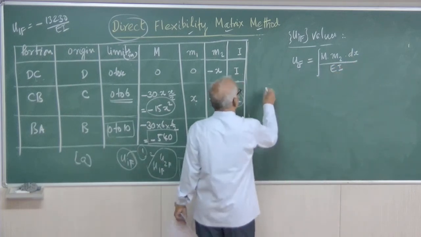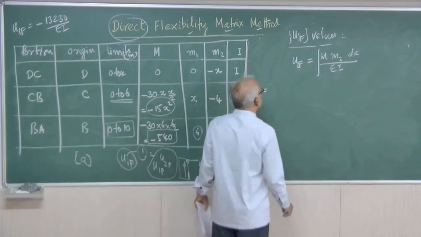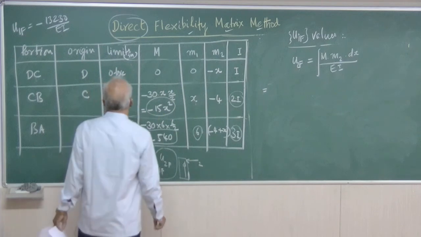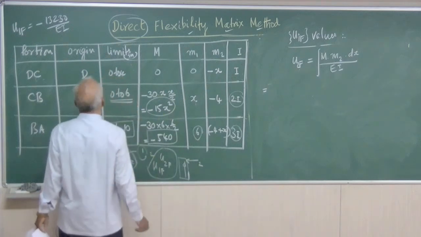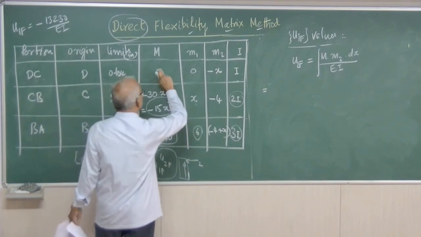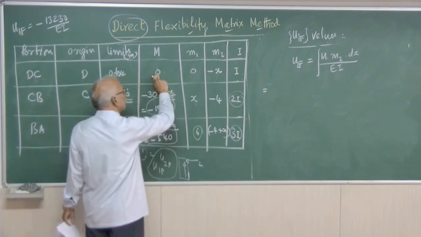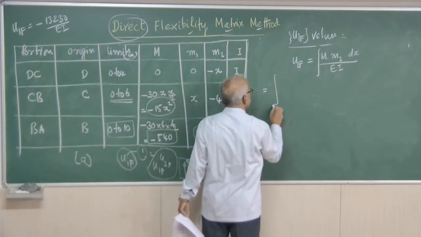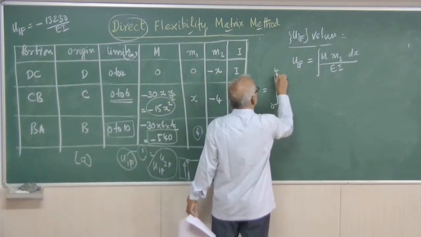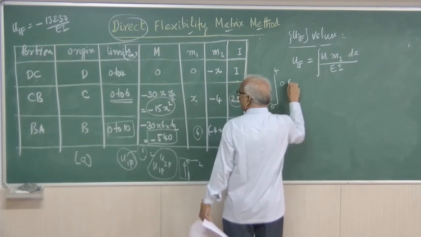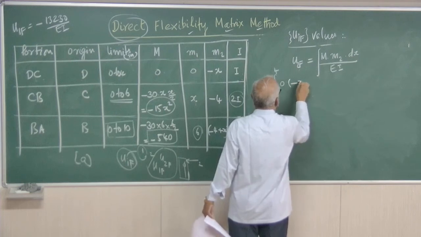So here again, U2F equal to integral M for the portion DC. For the portion DC, M equal to 0, M2 equal to minus x. So integral 0 to 4 meters, this is 0 and this is minus x.